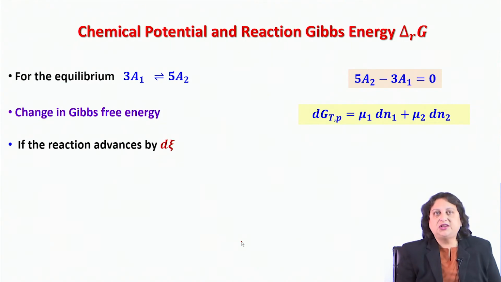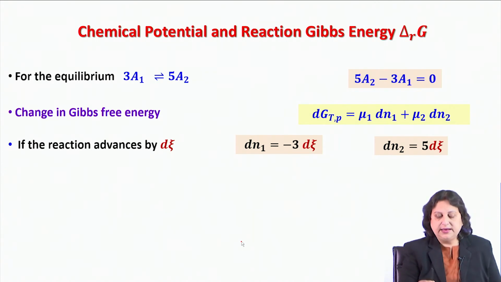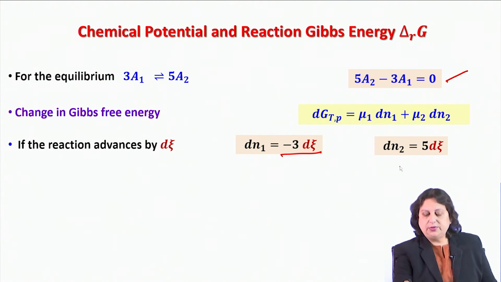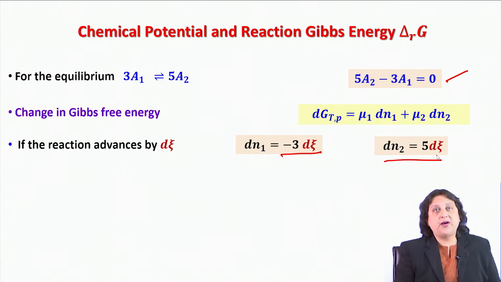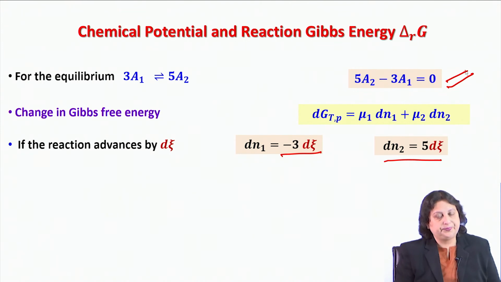And if the reaction advances by d xi, I know that dN1 is equal to minus 3 d xi, which I learned from here, and dN2 is going to be plus 5 d xi, for which I have once again used the same equation.